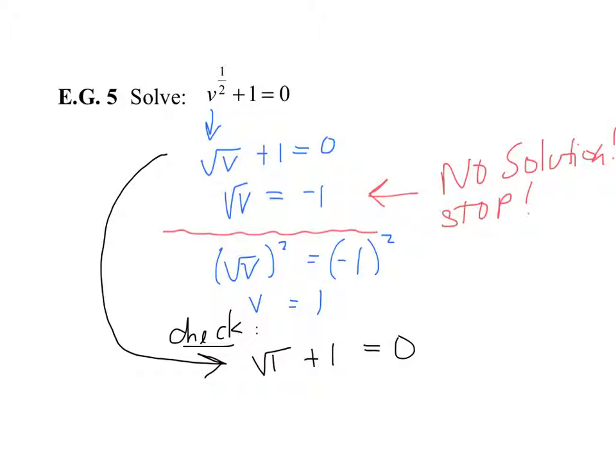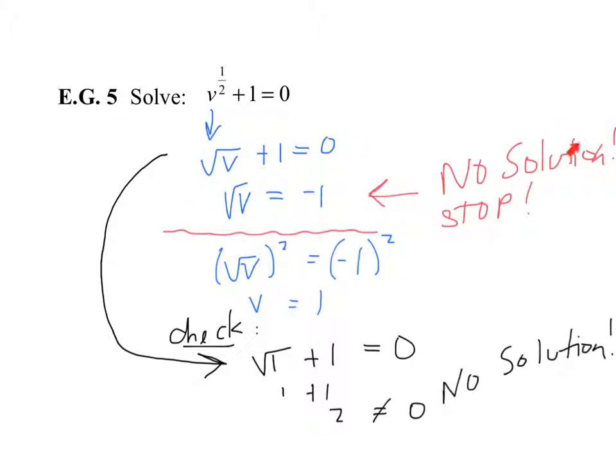You could use either the beginning or the radical version. The square root of 1 is 1 plus 1. And you'll have 2 equals 0, which is a false statement because 2 does not equal 0. And at this point, you could recognize, ooh, I don't have a solution here. Okay, so at either point, you should be able to recognize that there's no solution to this problem.